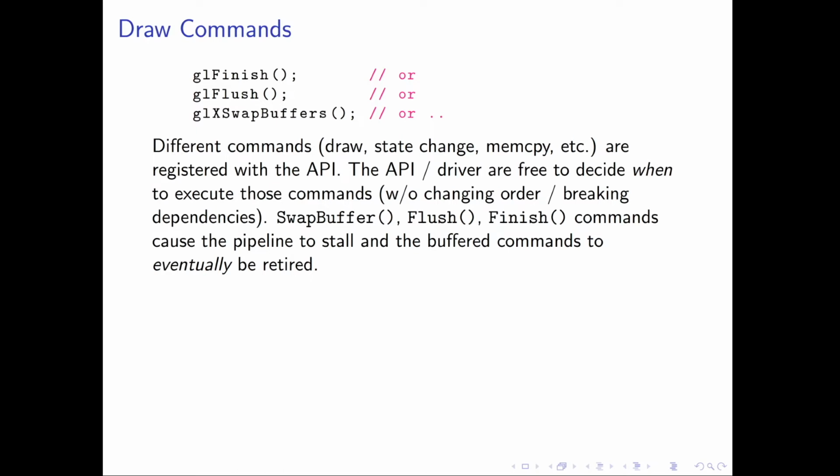On the other hand, even though it is immediate, the API acknowledges that commands aren't executed right away, but are instead buffered and will only be retired eventually. All those commands like finish, flush, or swap buffers won't come with a timing guarantee, but the only thing they do is basically synchronize the graphics pipeline.